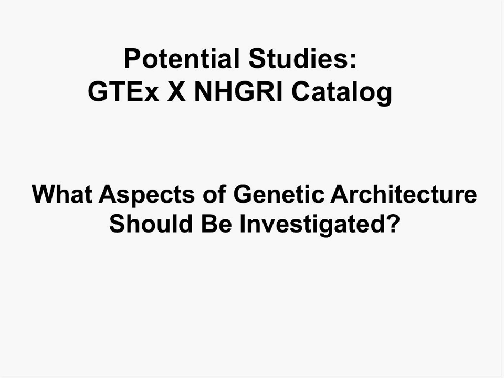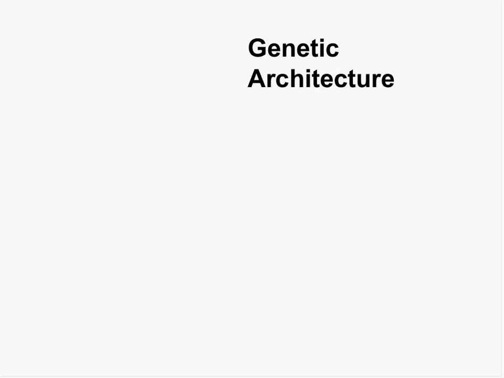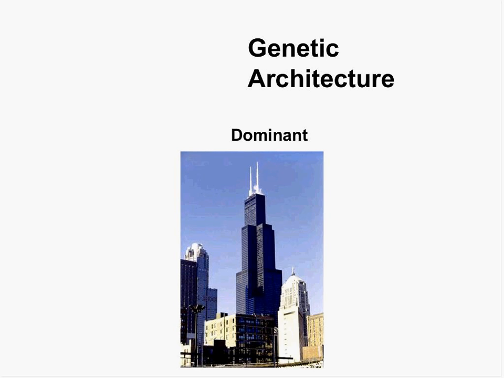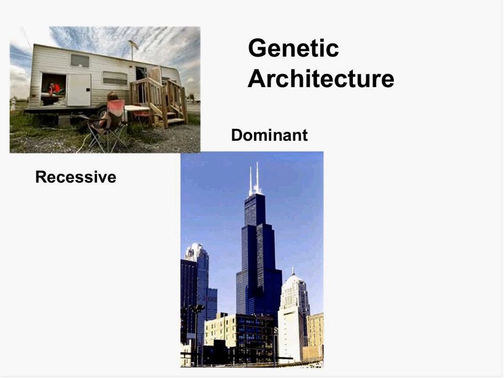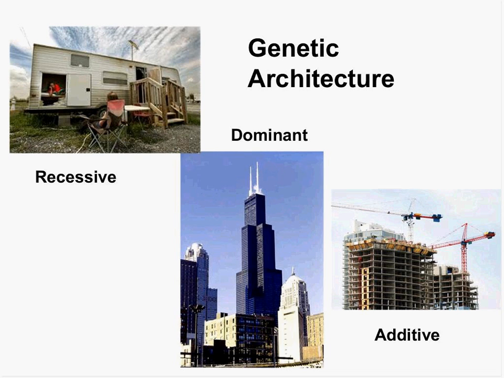And I am so old that I was actually at the NIH meeting where the term genetic architecture was coined, and it was a very long time ago. And back then, we were thinking about simple parts of the architecture, like was the gene for schizophrenia dominantly inherited, recessively inherited, or additively inherited.